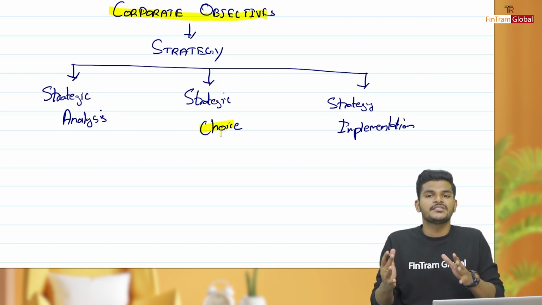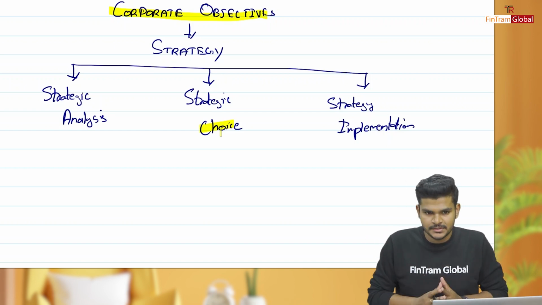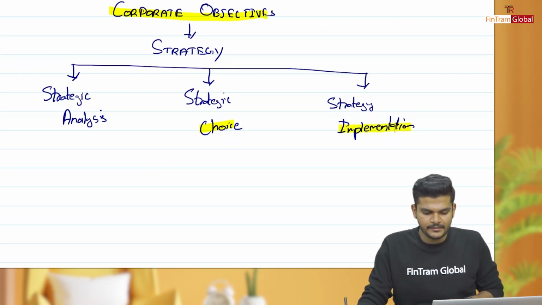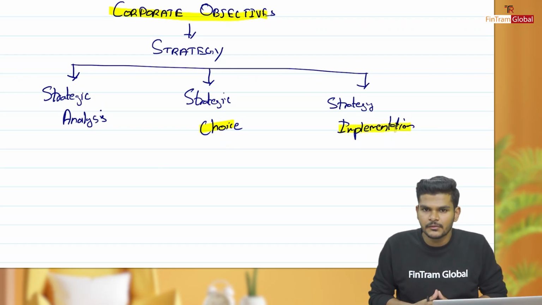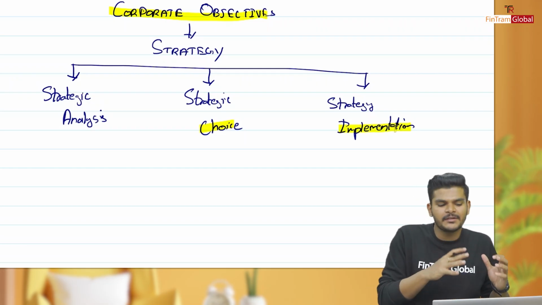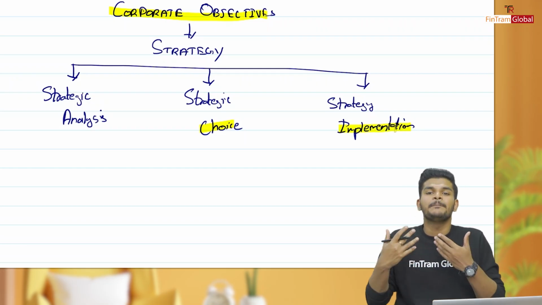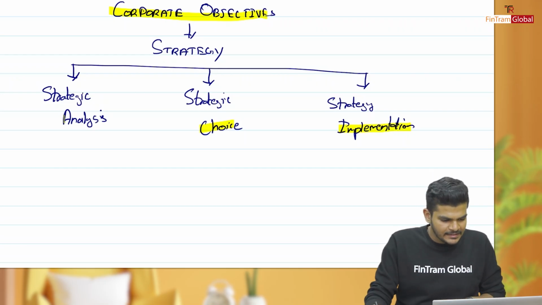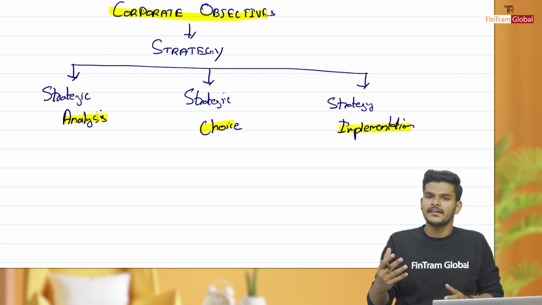And then finally we implement that particular course of action within the organization. So this is the step-by-step process through which we implement a strategy in an organization. Analysis, choice, and then implementation.